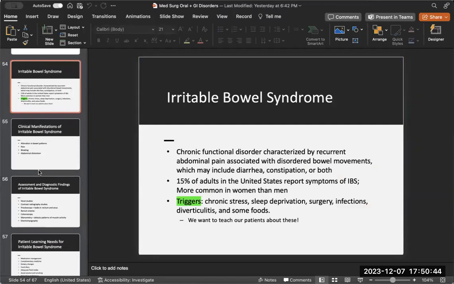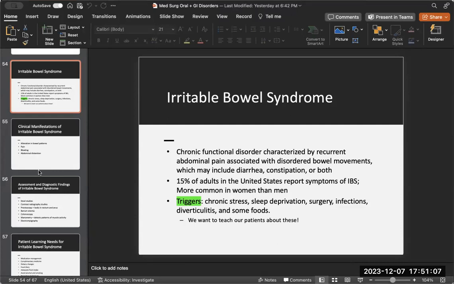Now, irritable bowel syndrome is a chronic disorder where you can have diarrhea, constipation, or both. Your GI system is very confused almost all the time, okay? What can trigger it? Stress, sleep deprivation, surgery, infections, diverticulitis, and even some foods. Okay, and these will be our teaching points, right?